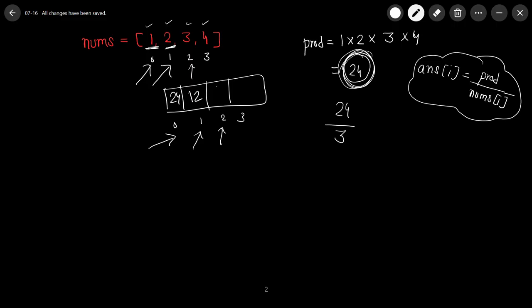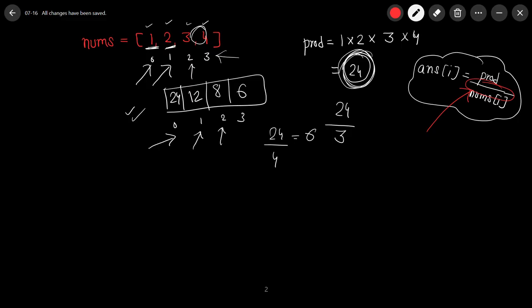Self is 3, so that's why it's 8. And similarly here, we get 24 by 4, which is 6. So this is one way of doing this, but as you observe, we are using the division operation, which is not allowed. So this is not the intended solution.